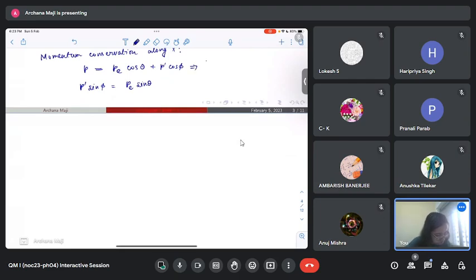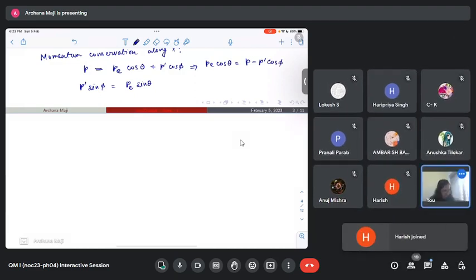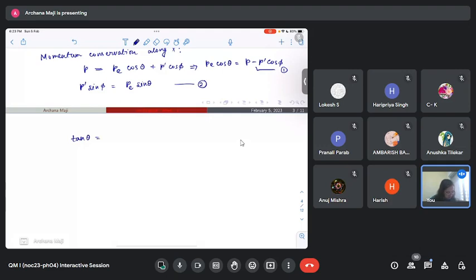Okay. If we divide these two equations, we'll get tan theta is equal to p minus p prime cos phi divided by p prime sin phi.